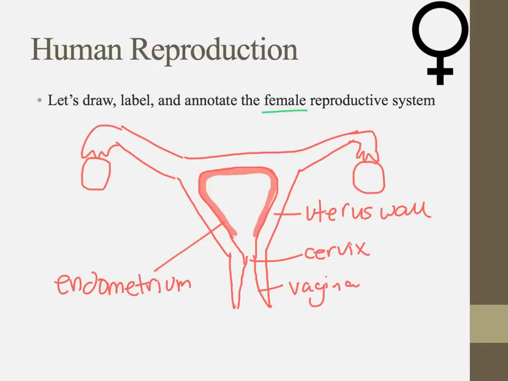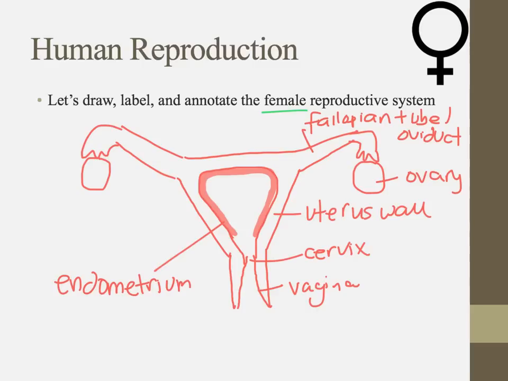Okay, so again, okay, these fallopian tubes or oviducts, I would know both words, okay? Fallopian tube, also known as oviduct, okay, are going to carry eggs from the ovary into the uterus.